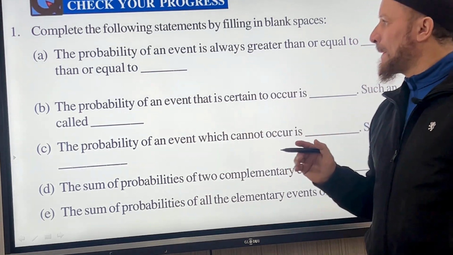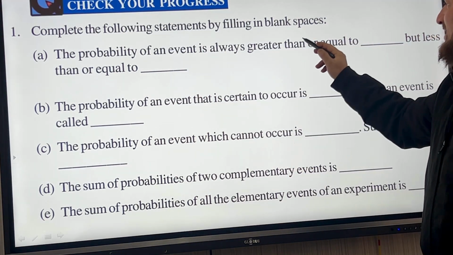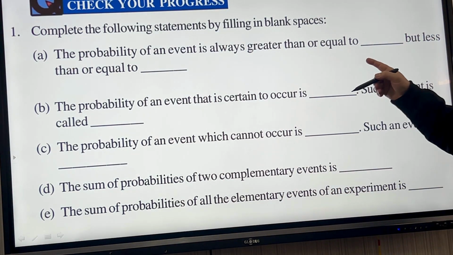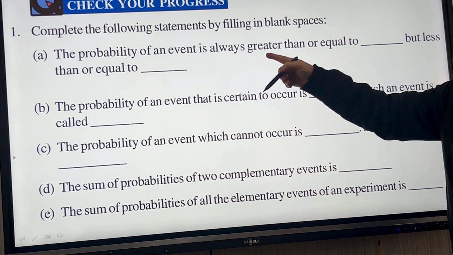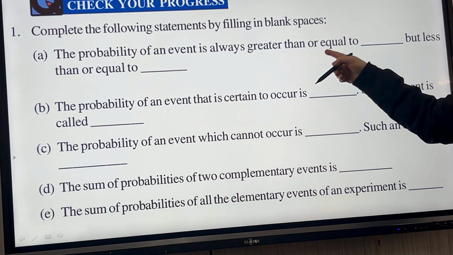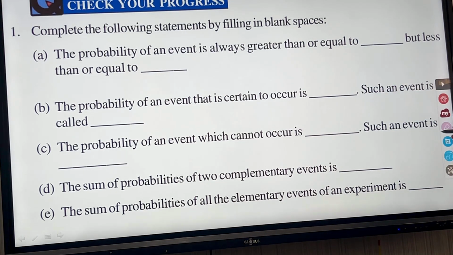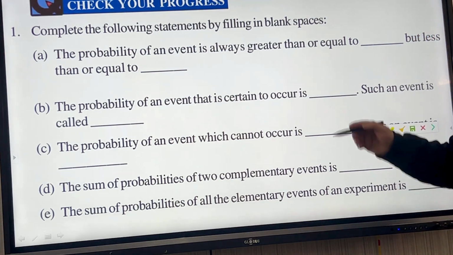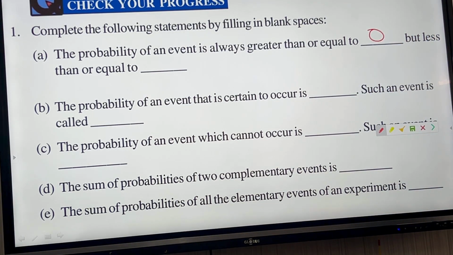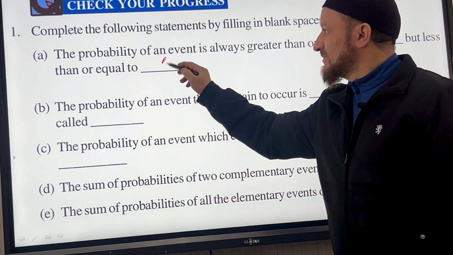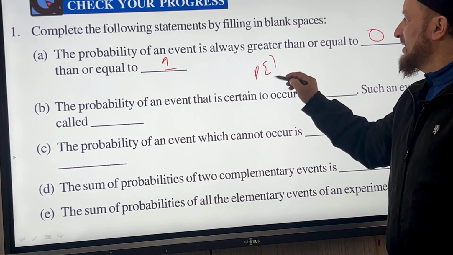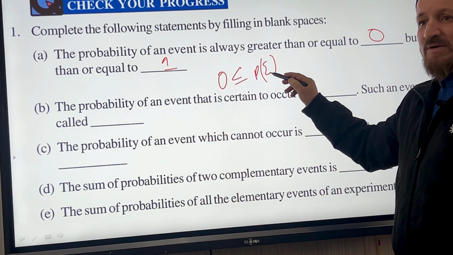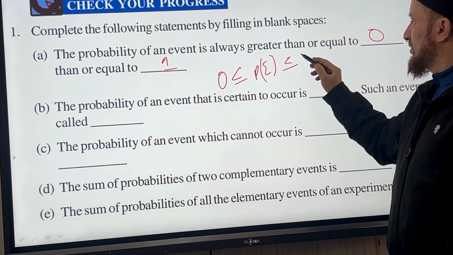Question number 1 only. The probability of an event is always greater than or equal to. Think. The probability of an event is always greater than or equal to. How can it be greater than 1? It cannot be. Yes. It has to be greater than and less than or equal to. क्योंकि probability of any event is less than equal to 0 is less than equal to probability event and this is less than equal to 1.